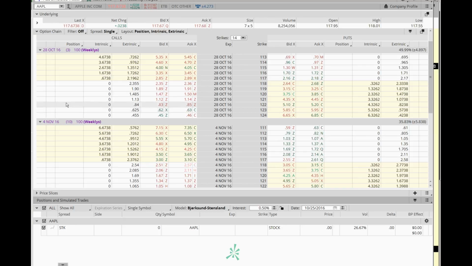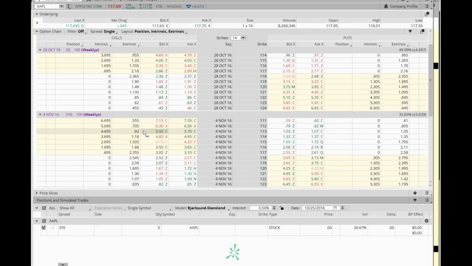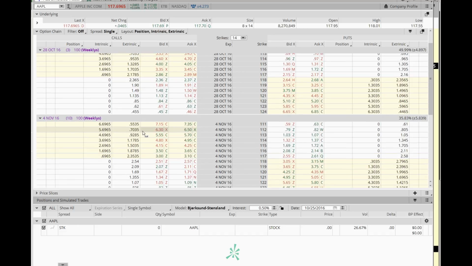Not like options. Options have 28 October, 3 days to expiry. 4th of November, 10 days to expiry. 11 days to expiry we have also. So options, like futures, are derivative based, and all derivatives have expiry.